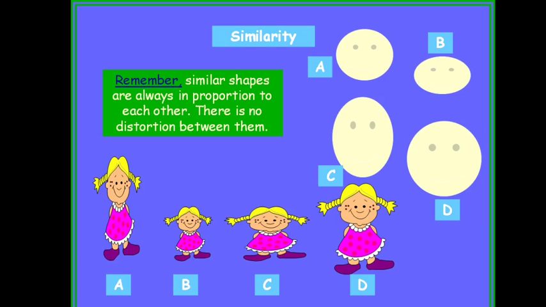But if you observe these four girls carefully, you will find a lot of distortion. So each of these four are not similar to each other. So we need to find out the similar ones among these four. Two of them are similar.